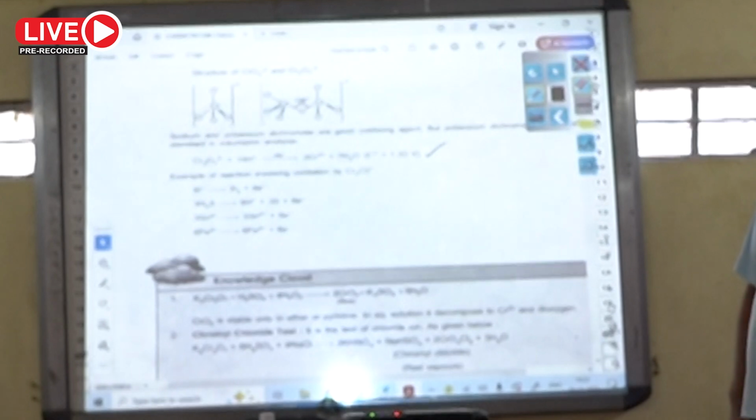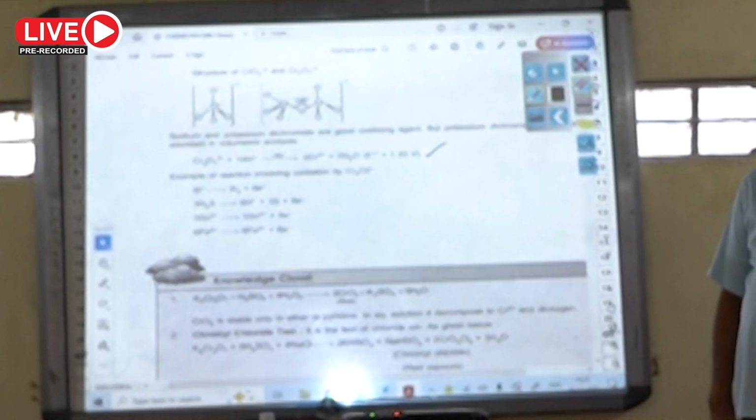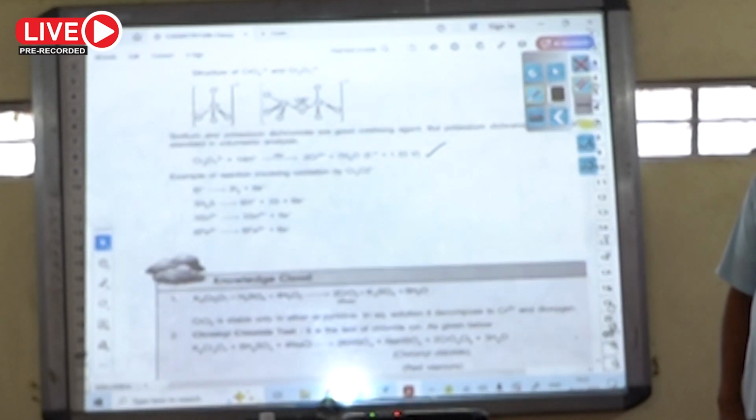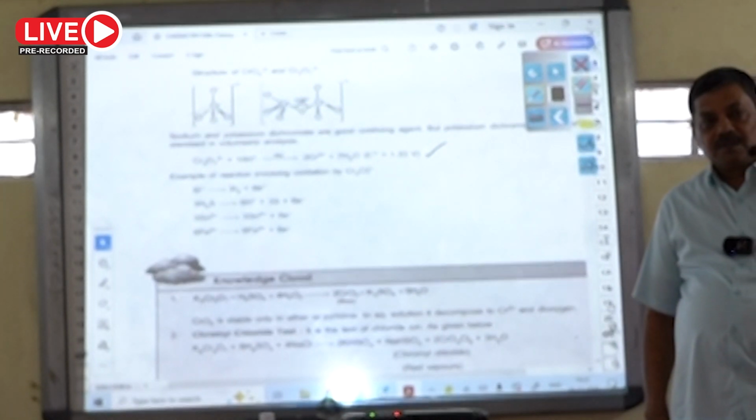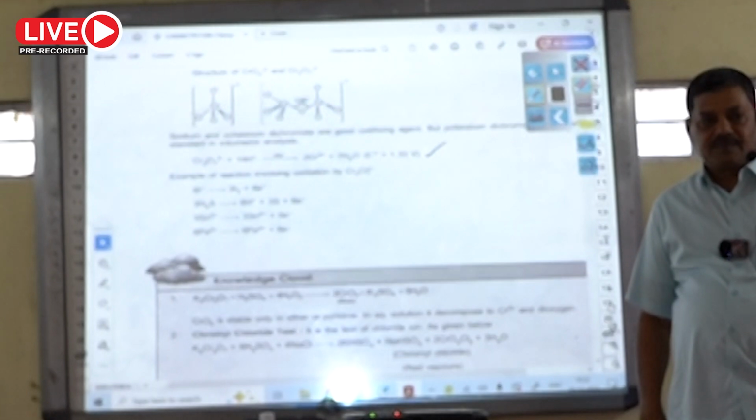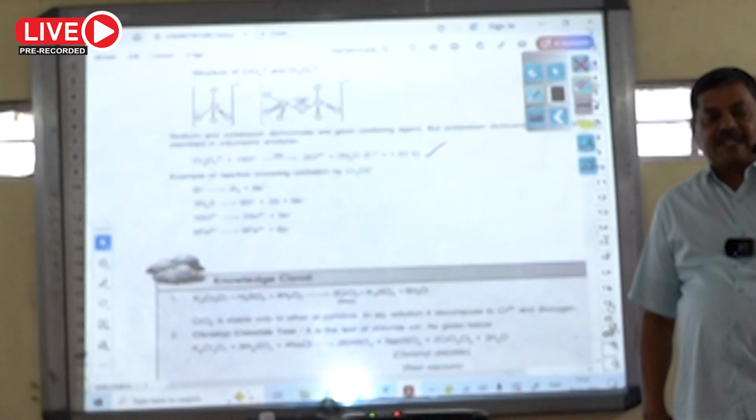What is the equivalent weight of dichromate ion here? The n factor is 6, M by 6. So dichromate ion in acidic medium accepting 6 electrons.